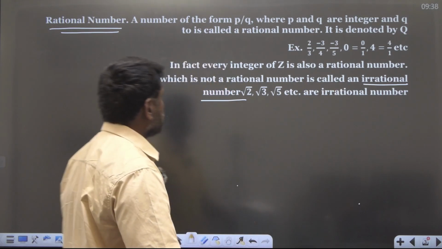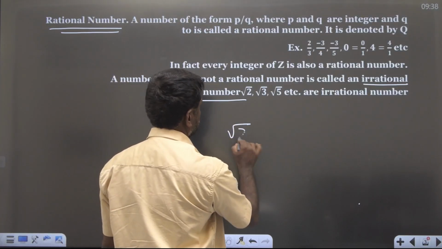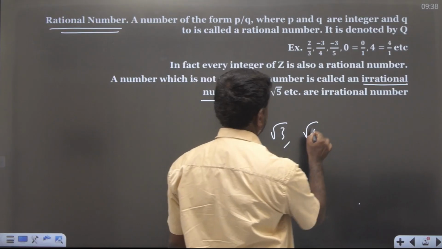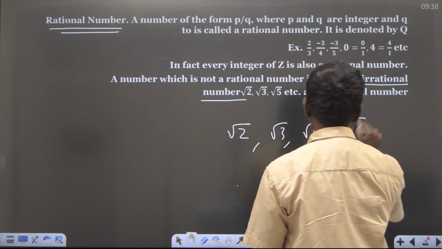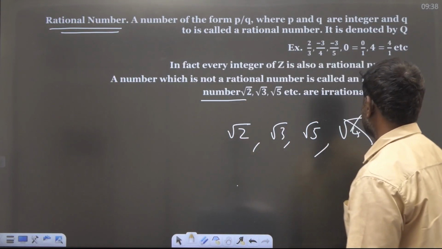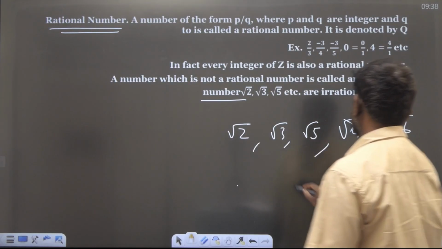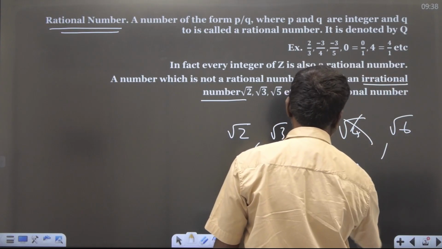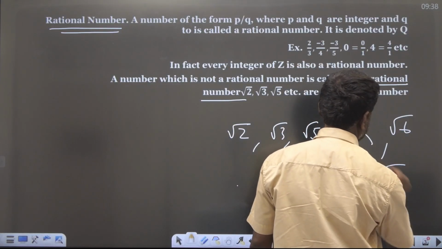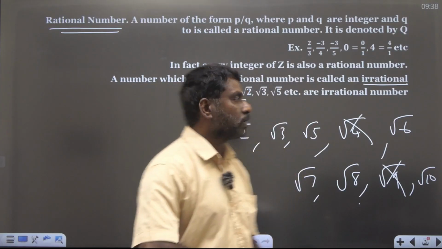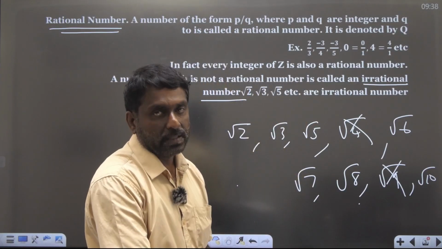For example, root 2, root 3, root 5. Root 4 is not, it is a rational number because root 4 is 2. Root 6, root 7, root 8, root 10, these are called irrational numbers. Root 9 is also a rational number.